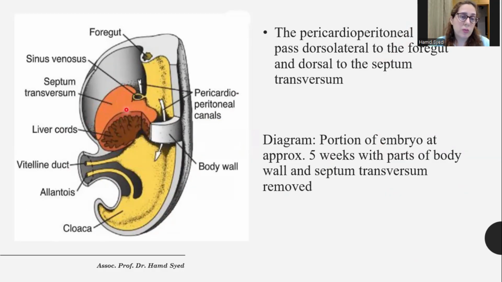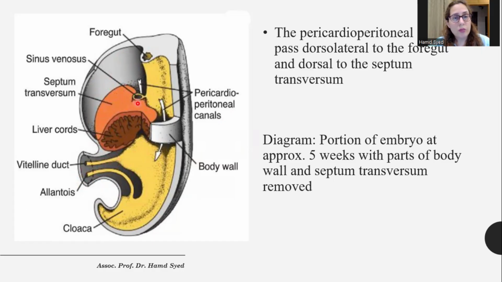Now, septum transversum is a sheet of mesoderm, which is separating this primitive thoracic cavity above from the primitive abdominal cavity below. Or you could say it is present between the thoracic cavity above and the yolk sac duct, that is the white line duct below.